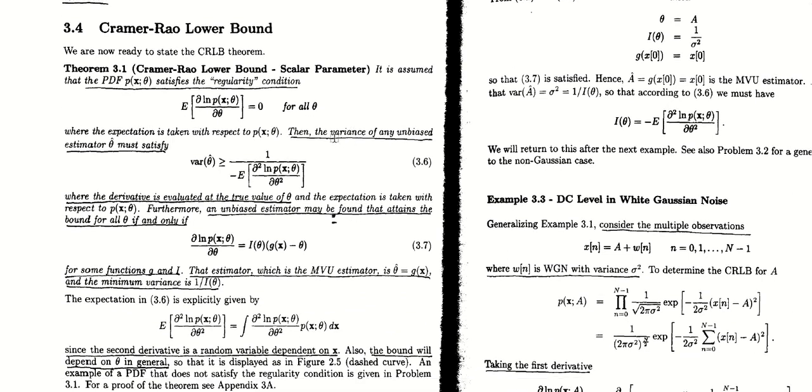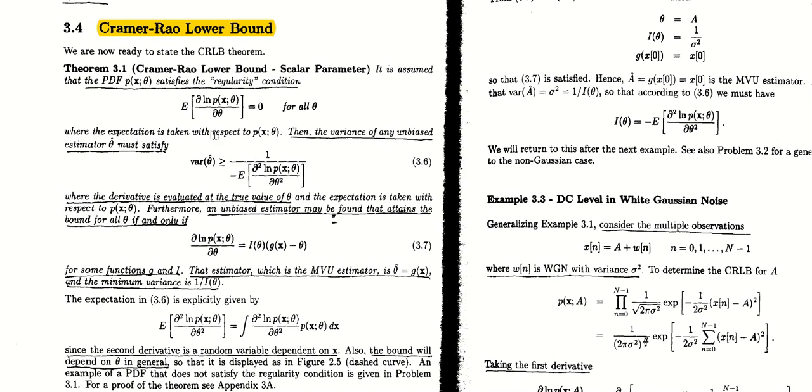Okay, so now we will formally go to the focal point in this chapter, the Cramer-Rao bound. The description looks like this. It is assumed that the PDF satisfies some regularity condition, which is that the expectation of the first order derivative equals 0. Generally, without special cases, that regularity will hold, so we are fine with that.